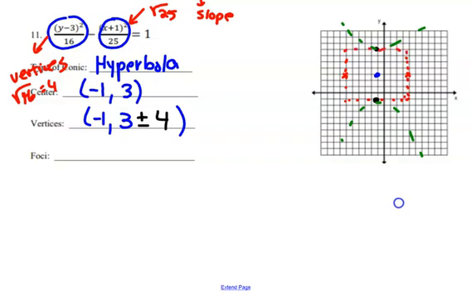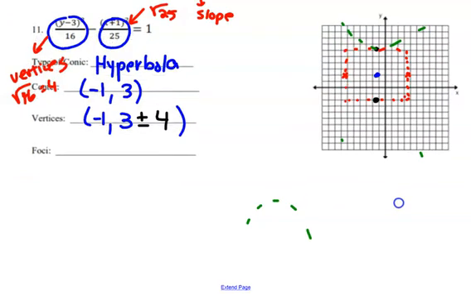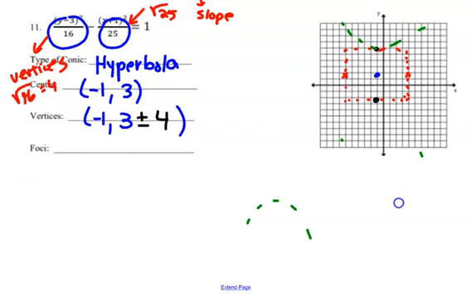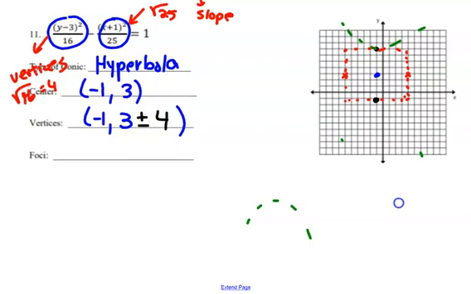Okay, that's my rectangle. I'm going to, again, kind of get rid of these. This is just so I remembered -1, 3.